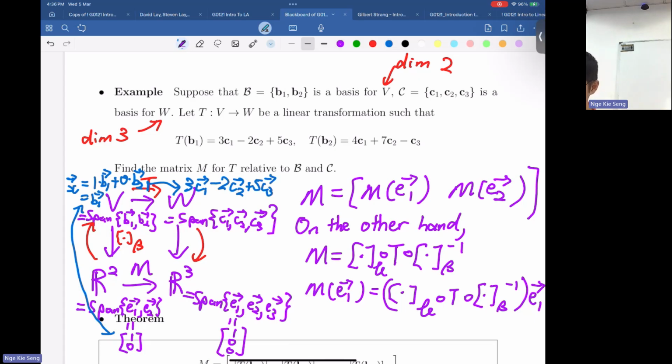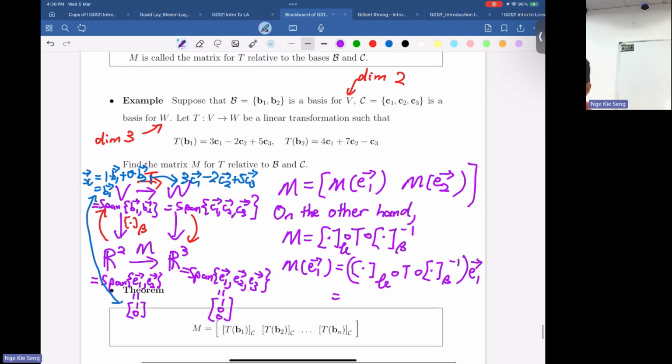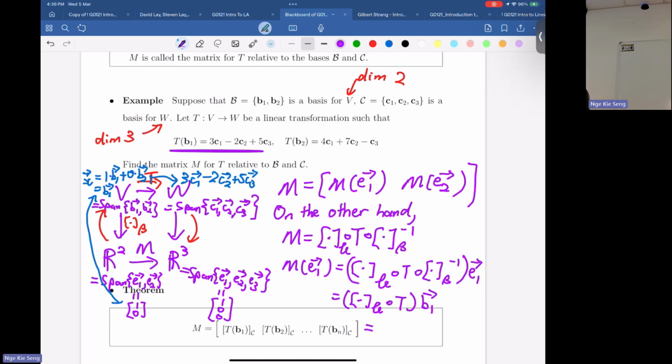Let's do it step by step. If I apply the coordinate vector on E1, I should get B1. If I apply T on B1, as the question gave me here, it gets sent to 3C1 minus 2C2 plus 5C3.